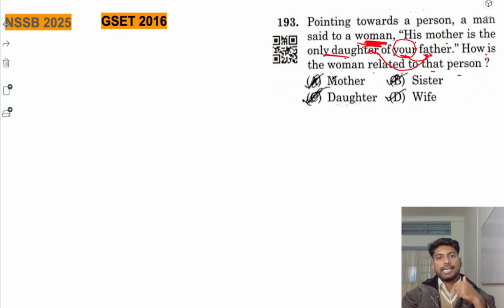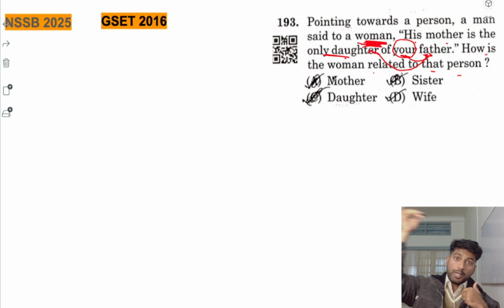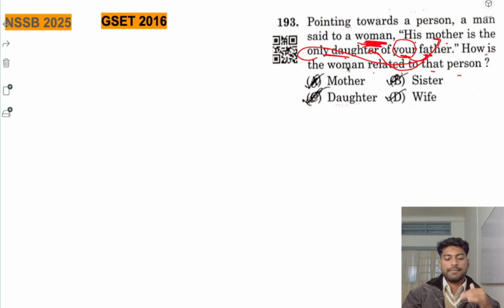If I am a woman and my father's only daughter, it means it's me itself. And then mother: me and my mother. So the answer will be mother.